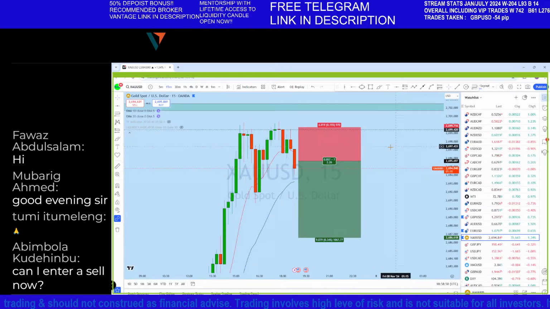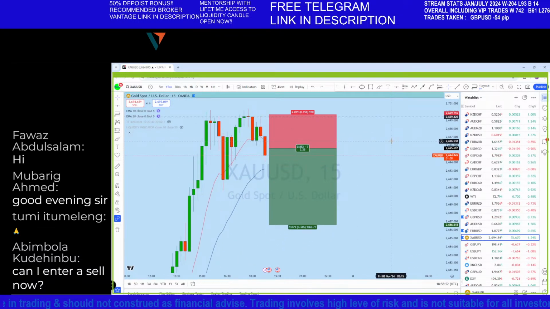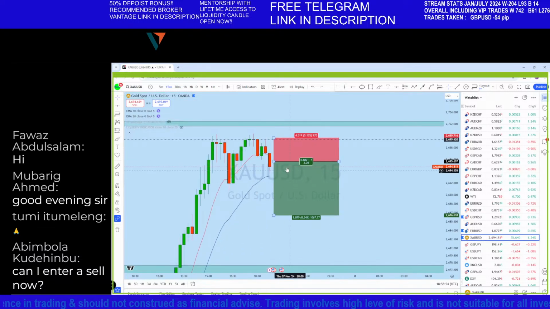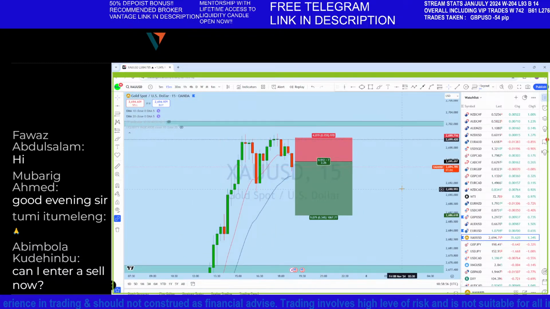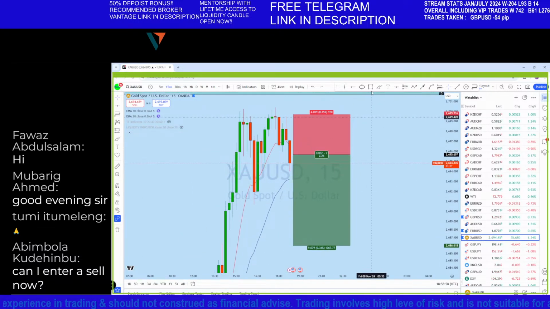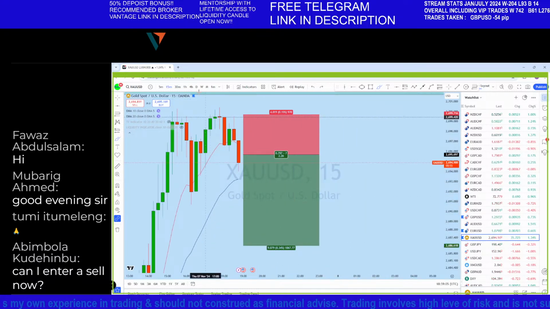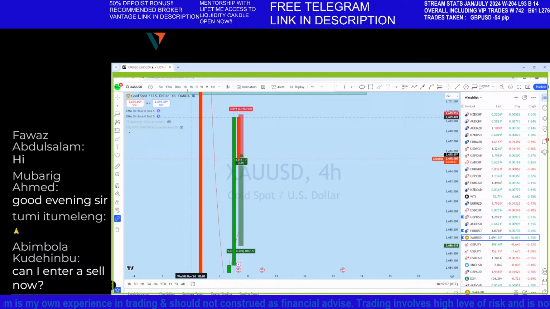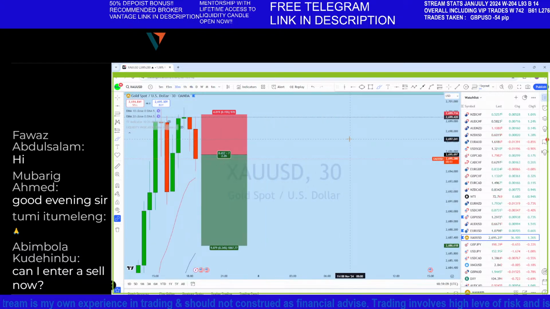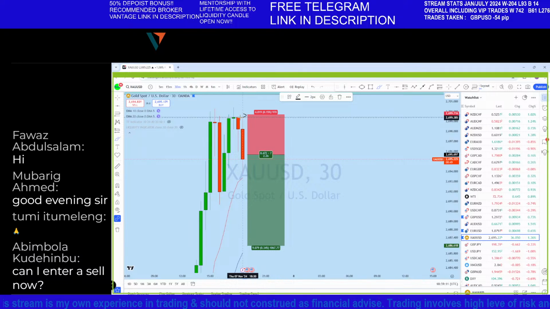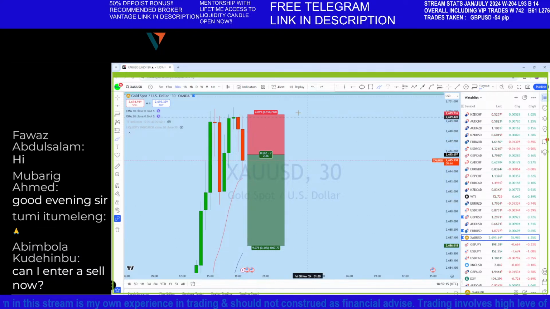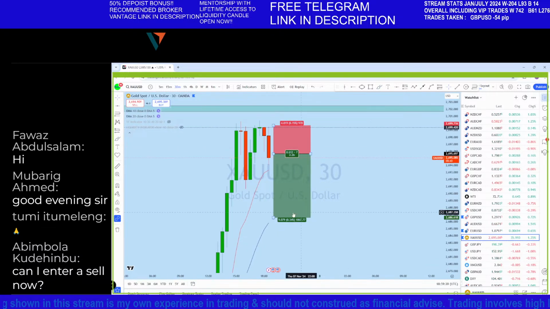Therefore, with this resistance here, we can expect the market to break below to the support level. On the 30 minutes, we can see there is a liquidity candle formation, and with that formation, we expect it to come back down here.